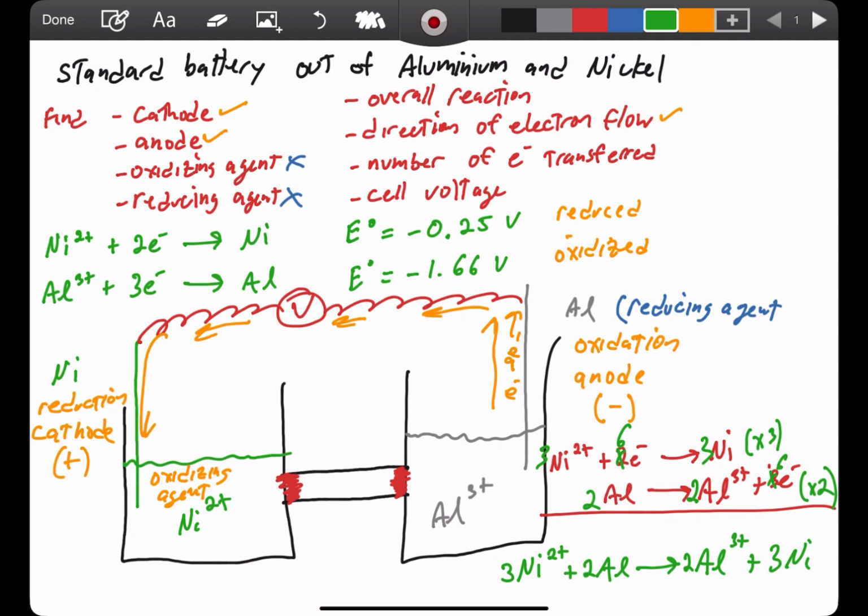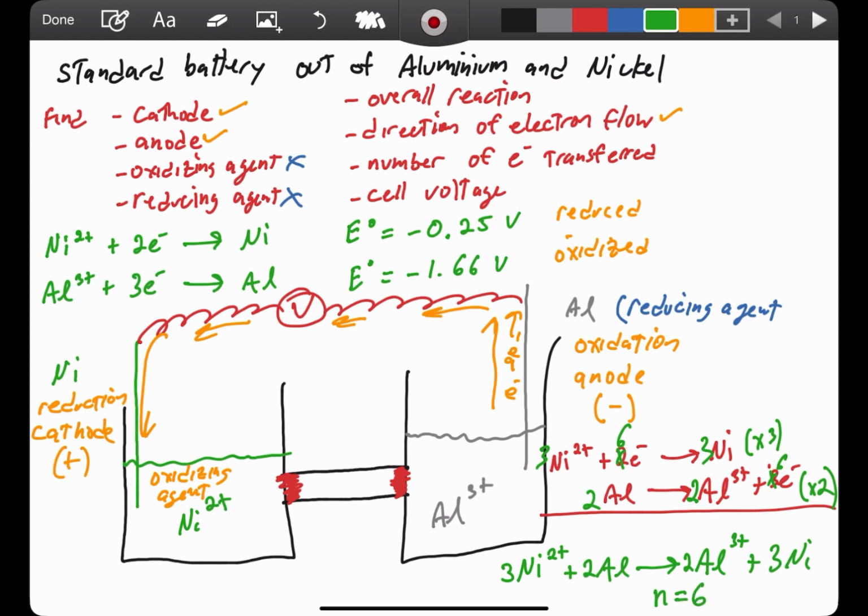As far as the number of electrons transferred, the number of electrons transferred is that lowest common multiple that you needed. So here we had to have 6 electrons in order to cancel out, to add two half reactions together. So that means that my n value, number of electrons transferred, would be 6.